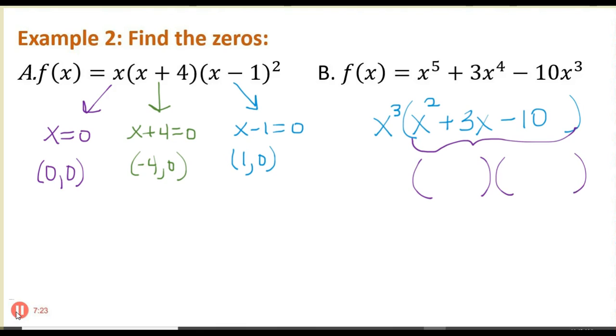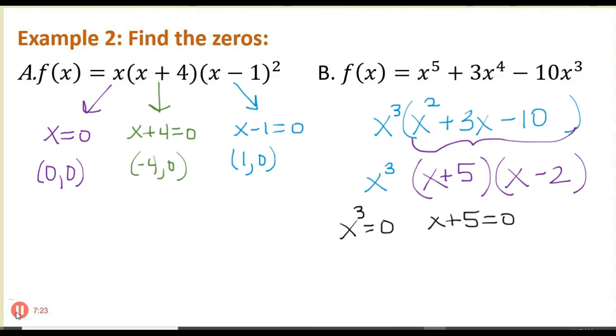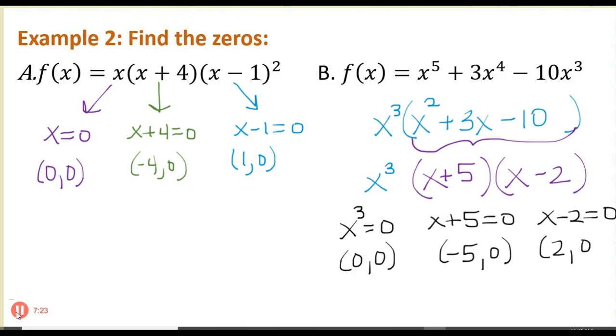Because it's factorable, I'm just going to go ahead and factor it. I would need 2 numbers that multiply to negative 10 but add to a positive 3. Now that it is factored, I can set all 3 factors equal to 0. So my first zero is at (0, 0), my second is at (-5, 0), and my third is at (2, 0).